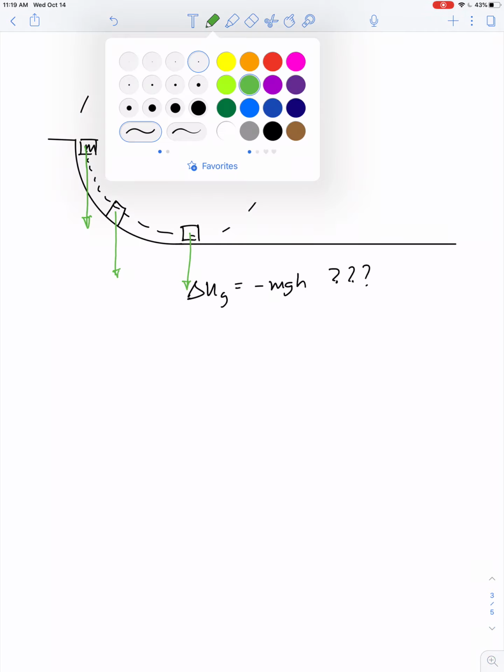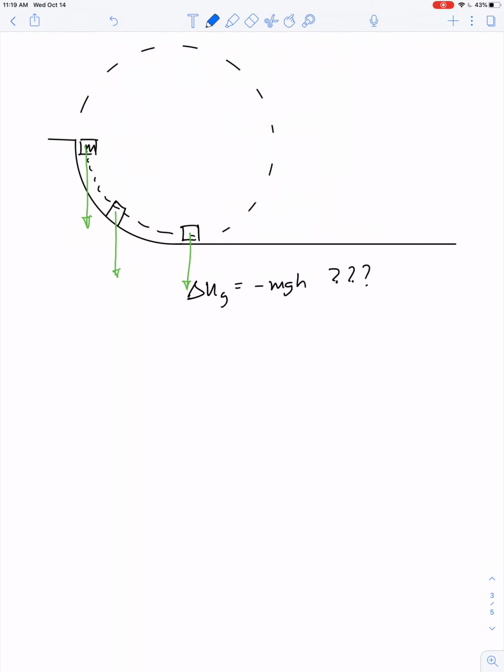But the instantaneous displacement vector, right? It's always displacing tangent to the path. So in the beginning, the displacement, and we'll break the displacement up into little bits. There's a little bit of displacement ds. There's another little bit ds, and another little bit ds.